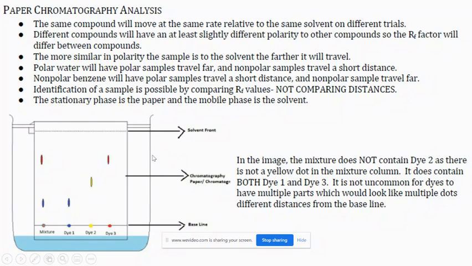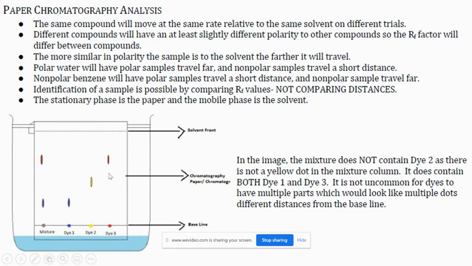Okay. And you're looking to see how that's going to react to this paper. Okay. Paper tends to be slightly polar. And then you look at the solvent and what solvent you had it in. So for example, if you had this in water, water is polar.